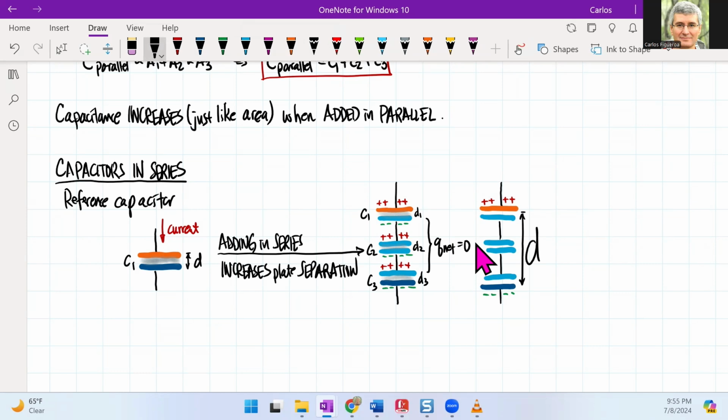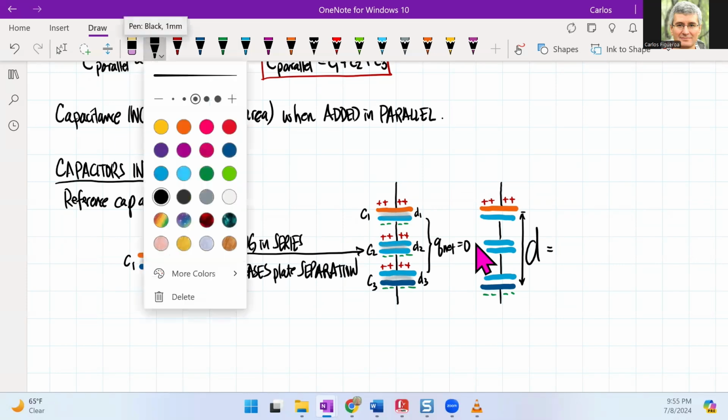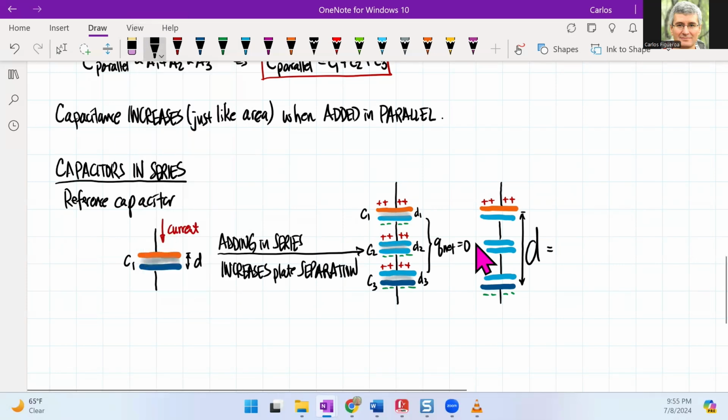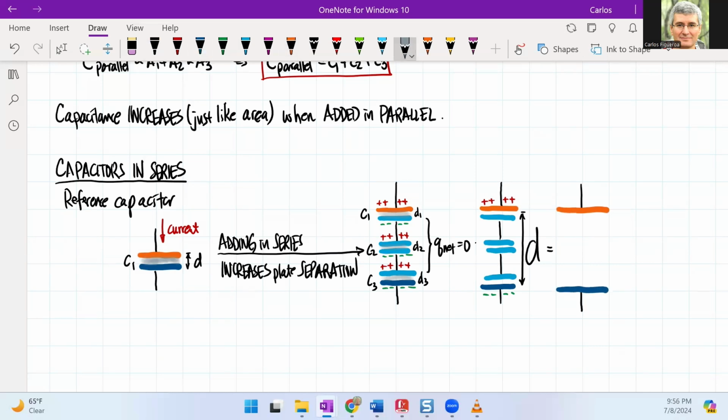In other words, I can redraw this guy so that it effectively has a model that looks something like this. Where now, here's my orange, here's my blue, and then my dielectric is all right in here. This would be an effective dielectric.